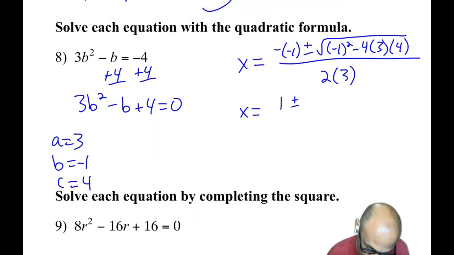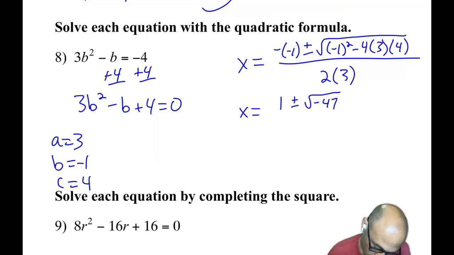And let's see. This is 1 minus 12 minus 48. So 1 minus 48 is -47, all over 6.